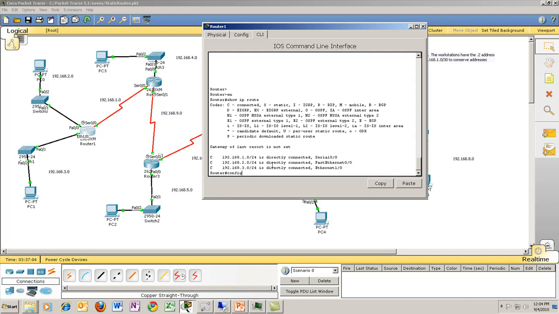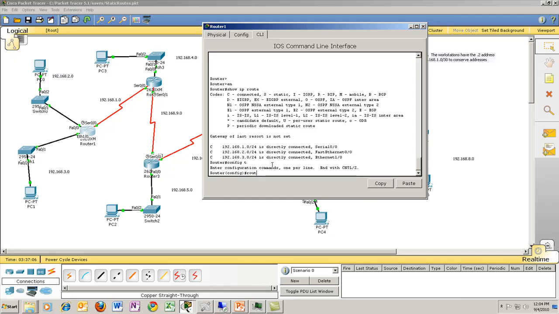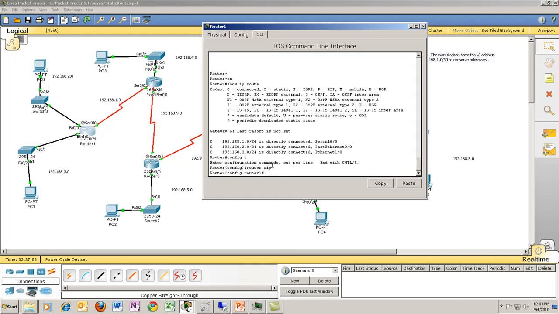So we will go to config t, router rip, and then we'll tell it which networks we're going to advertise, 192.168.1.0, and RIP is a classful protocol, so we're not going to use any subnet masks.